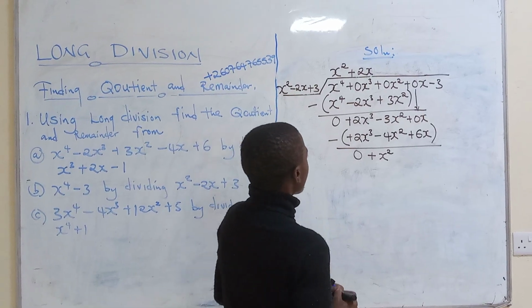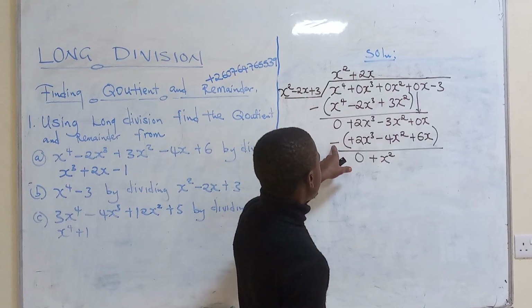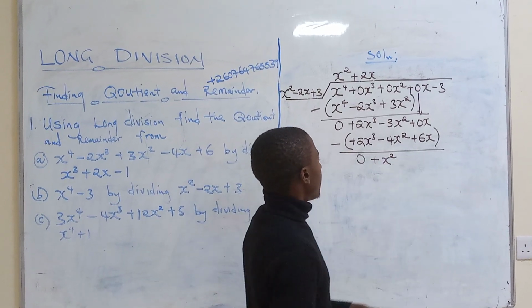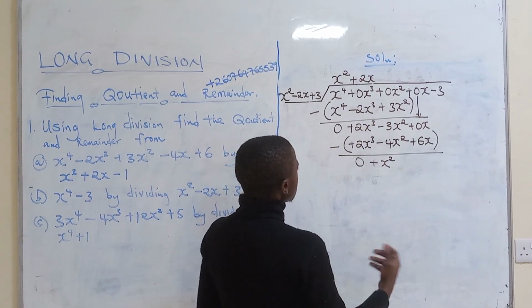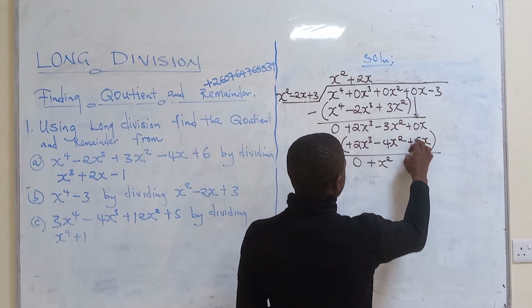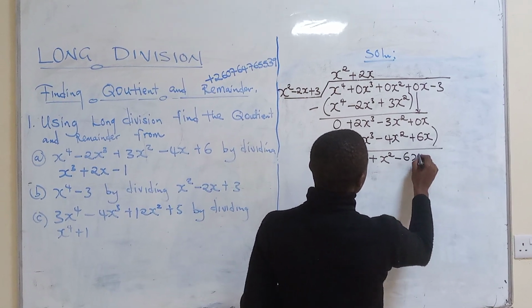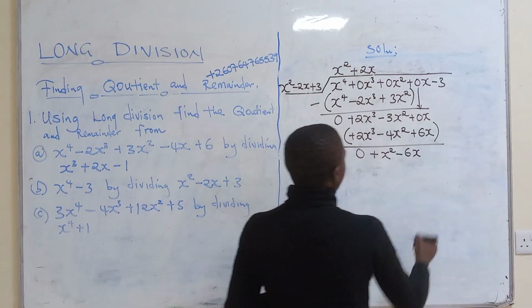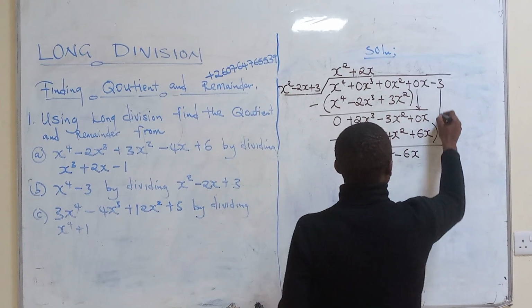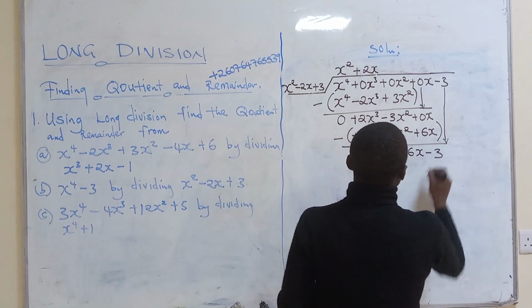And then same procedure, negative times positive, that is negative. So 0x minus 6x, you are going to get negative 6x. From there, you are going to drop this value, which is negative 3.